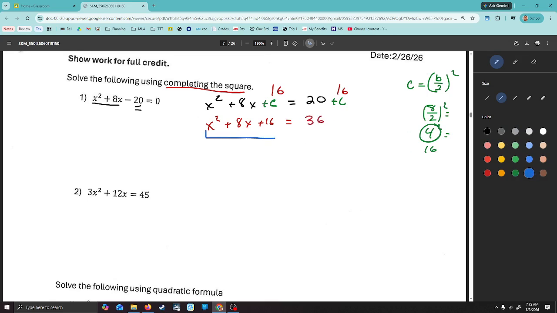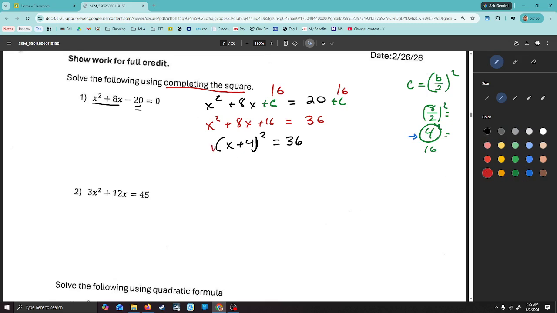Now here, I could factor normally. What multiplies to 16 that adds to 8? I found it earlier, which is the number 4. So I can rewrite this part as x plus 4 times x plus 4, or x plus 4 squared.